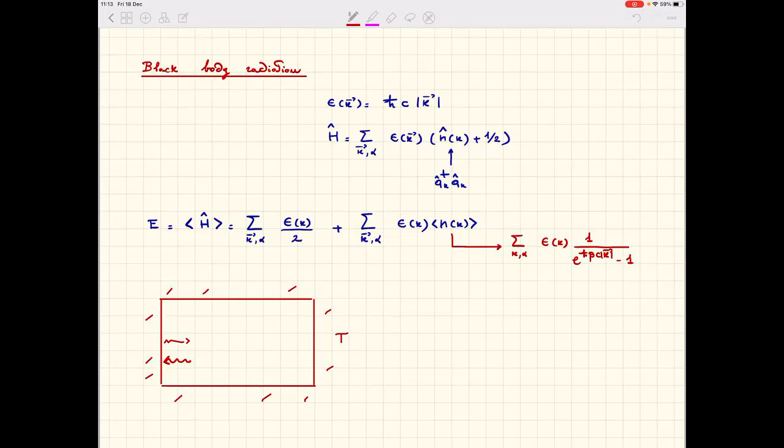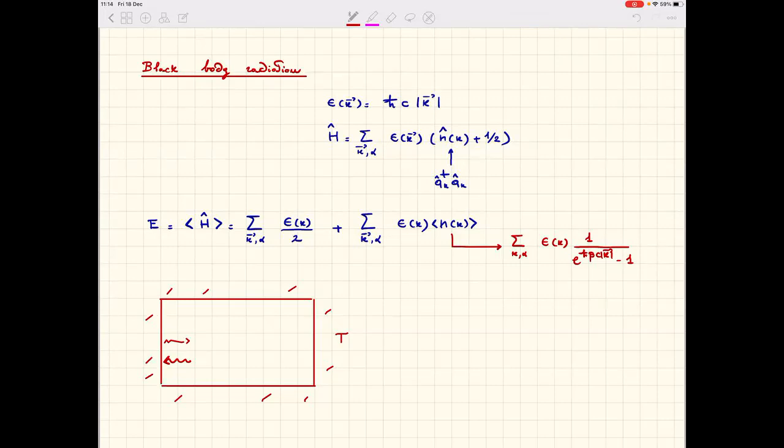That is essentially the way to describe problems in quantum mechanics in which the number of elementary particles you're dealing with is not conserved. Okay. All right.